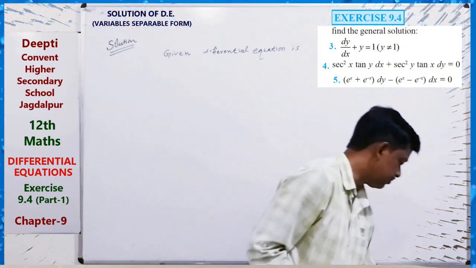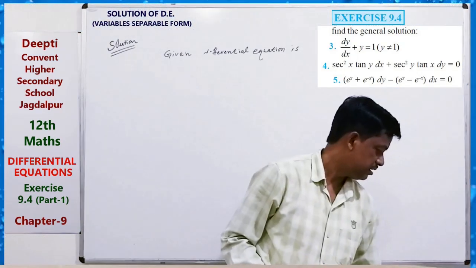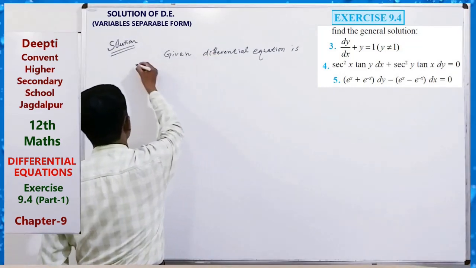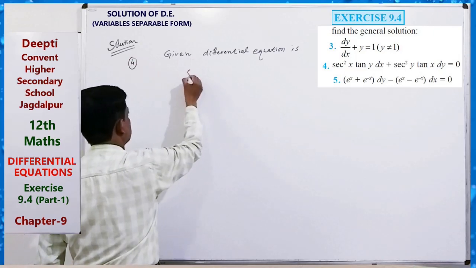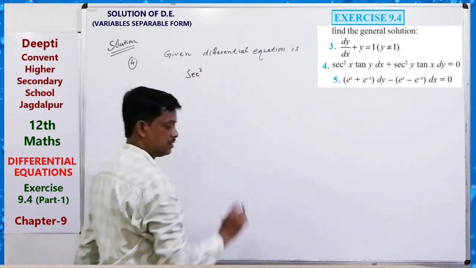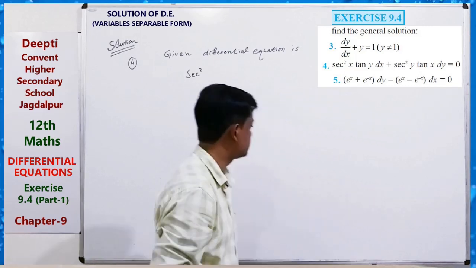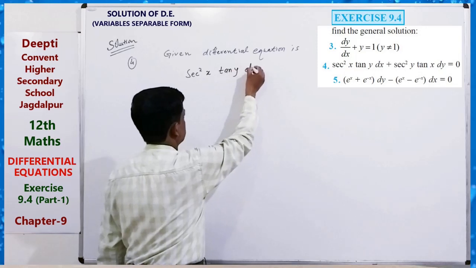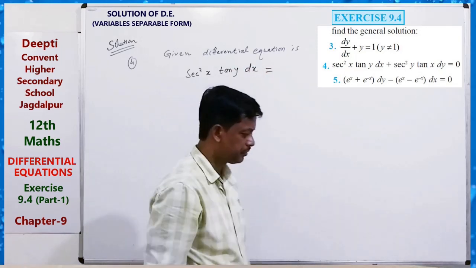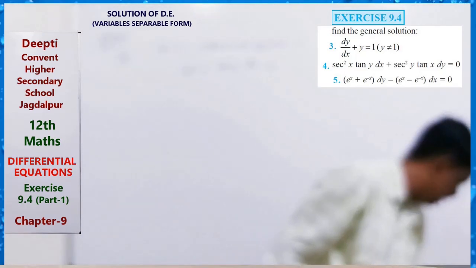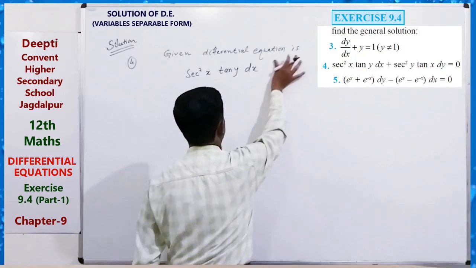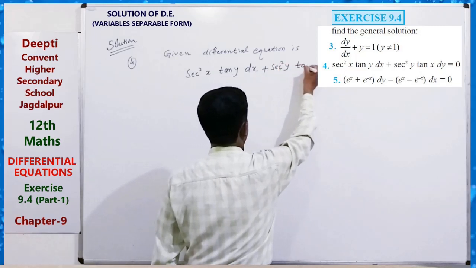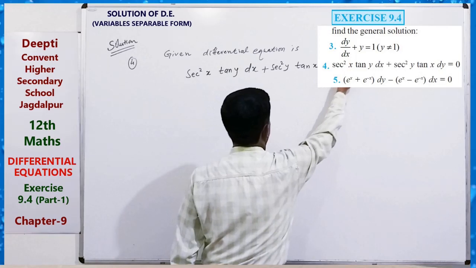Now take question 4. The given differential equation is: sec square x tan y dx plus sec square y tan x dy equals 0.